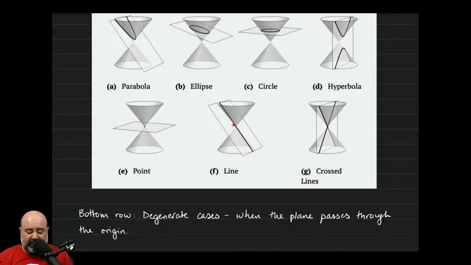This will result in a straight line. And finally, if we orient the plane vertically and go straight up and down through the origin, we're going to end up getting two separate, crisscrossing straight lines.